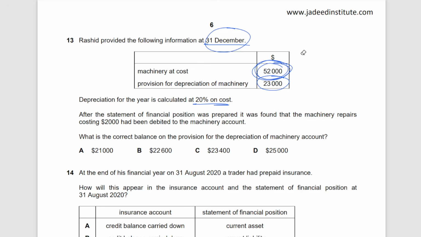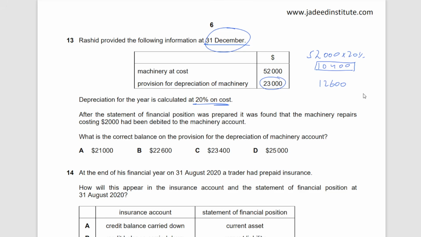So step number 1, let's get rid of that. What is 20% of 52,000? It's 10,400. So this amount includes 10,400, which we need to remove. Let's go back a step and do 23,000 minus 10,400. That is 12,600. Now we're one step back because we made a mistake at that step.